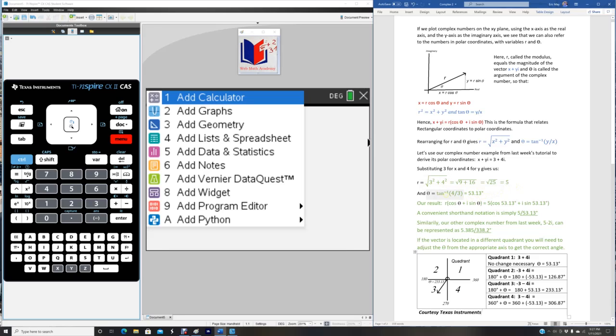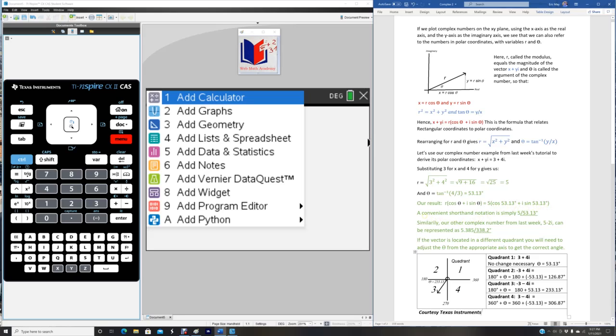And theta, equaling the inverse tangent of 4 divided by 3, equals 53.13 degrees. So our result, r cosine theta plus i sine theta, equals 5 cosine 53.13 degrees plus i sine 53.13 degrees.